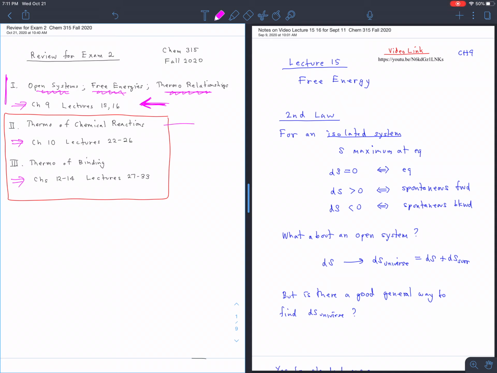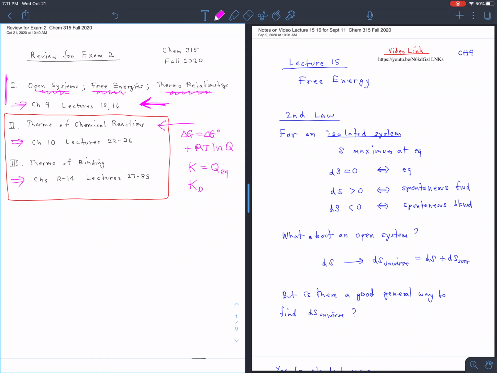Then the second topic is the thermodynamics of chemical reactions. Most of that centers around delta G equals delta G0 plus RT log Q and the consequences of that, things to do with the equilibrium constant, for example. And especially later on, the binding constant, dissociation constant, Kd.